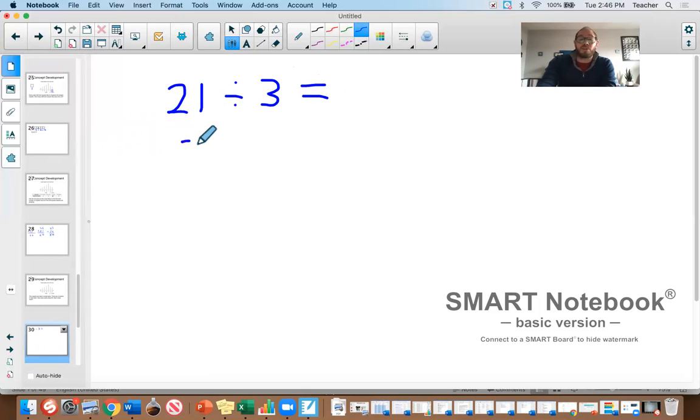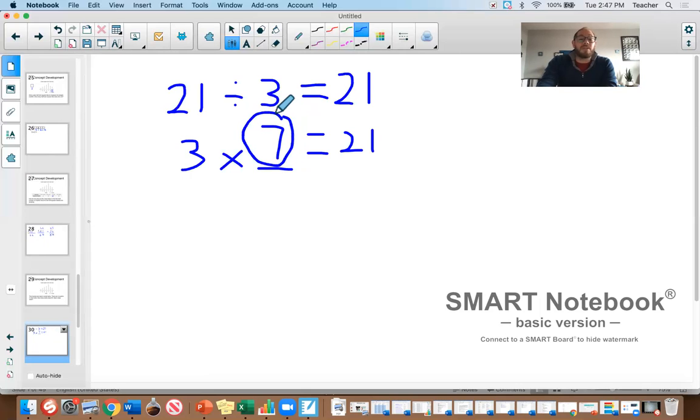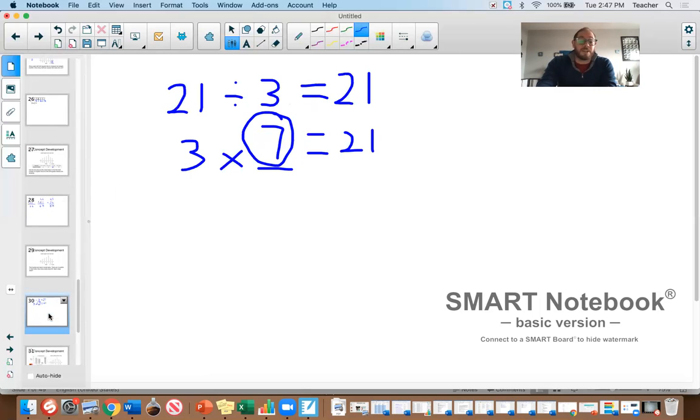So we could say 3 times something equals 21. If you need to go ahead, do your 3 times skip counting down the side, whatever you need to do to solve our answer. I know that 3 times 7 is 21. So Mr. Nye needed 7 crayfish tanks to hold all his crayfish.